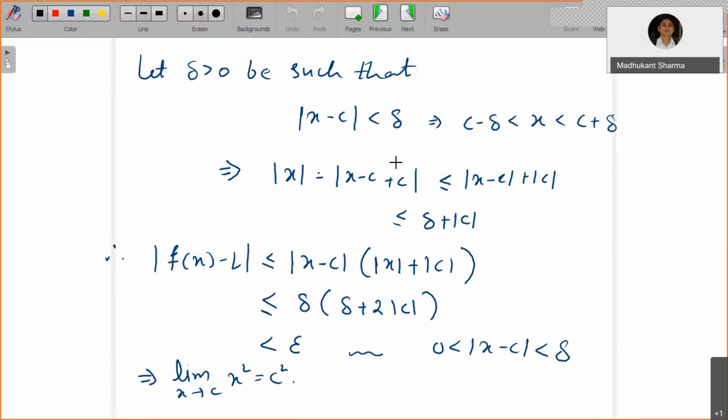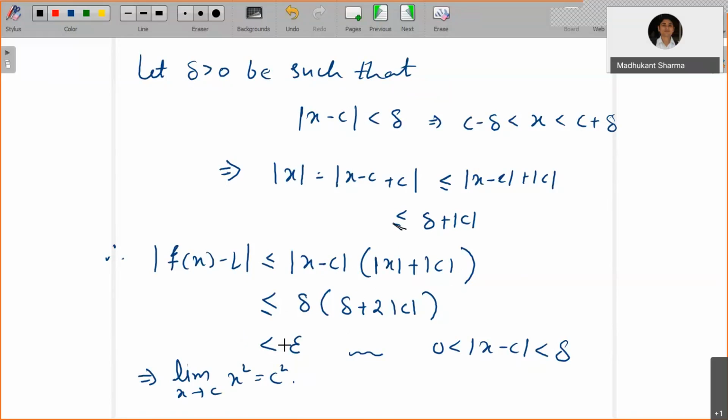Now use this fact in the above inequality. Mod f(x) minus L was less than or equal to mod x minus c times mod x plus mod c. Now mod x is less than or equal to delta plus mod c. So mod f(x) minus L is less than delta times delta plus 2 times mod c, because delta plus mod c plus mod c is delta plus 2 mod c. What we require is that this is less than epsilon. So you just solve for which values of delta this inequality remains true. Then you are done.